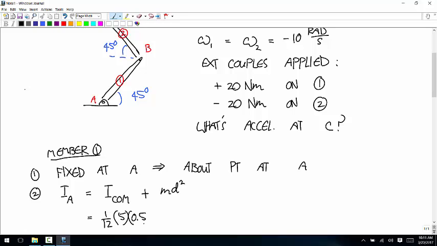So 0.5 squared, plus the mass times the distance from the center of mass to the about point. What's that distance? That's right. The whole thing is 0.5, so from the center of mass to one end, it's 0.5. And I think that is 0.41, and then 6 is repeating. Any questions about that?